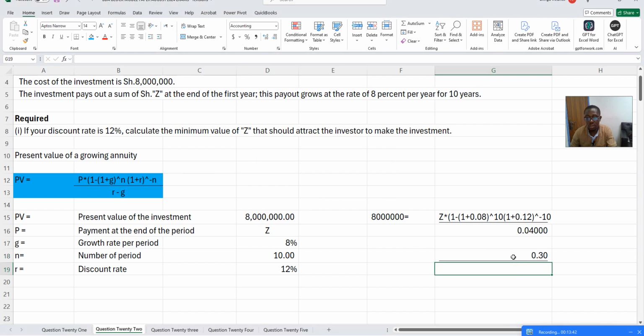So in this case, I'll be having our value, which is 0. If at all you have it into as many decimal places as you can. We're using Excel, so it will be easy.